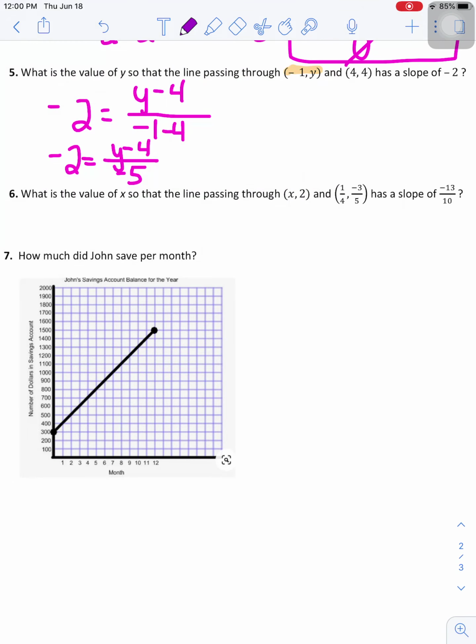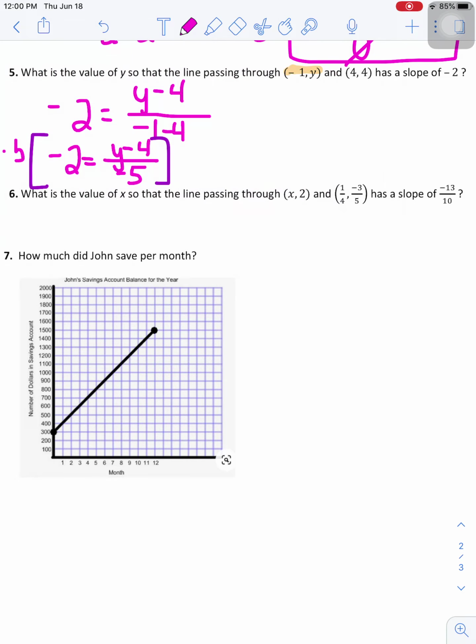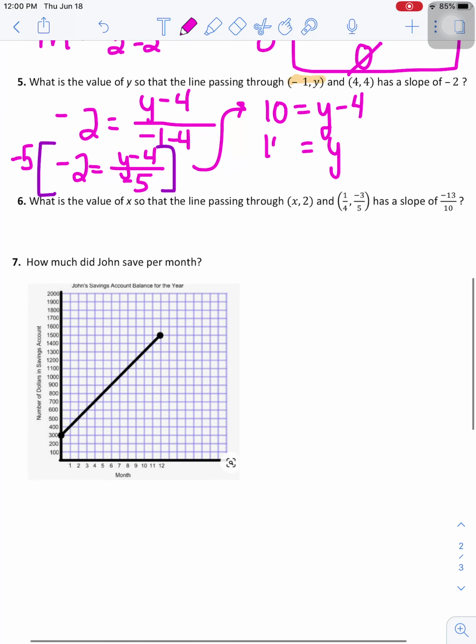We can multiply through by a common denominator to eliminate the fraction. So let's multiply through by -5. When we do that, you're going to come out with a positive 10 equals y minus 4. And then when you add 4, you get y to be 14.